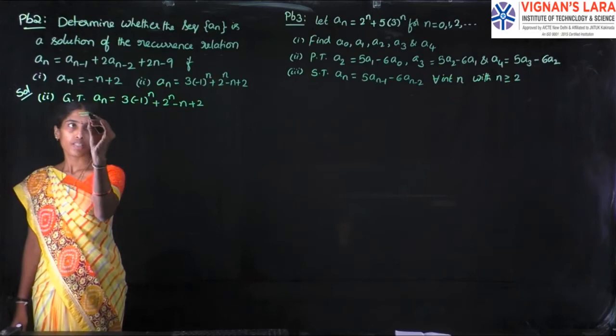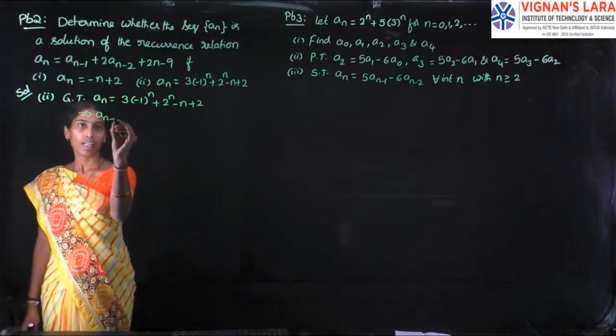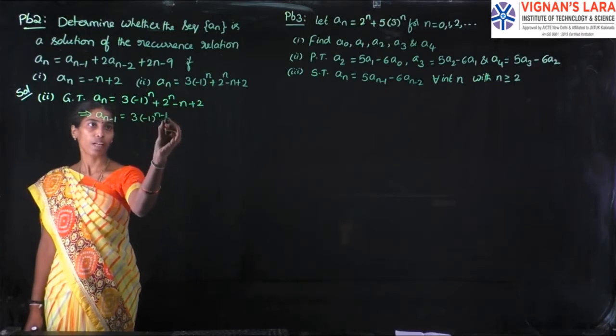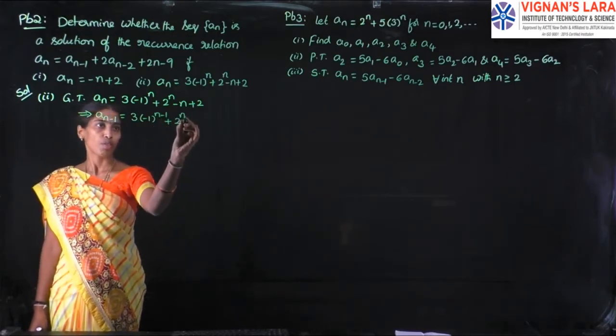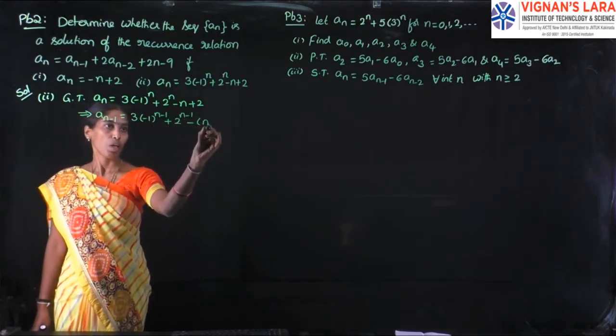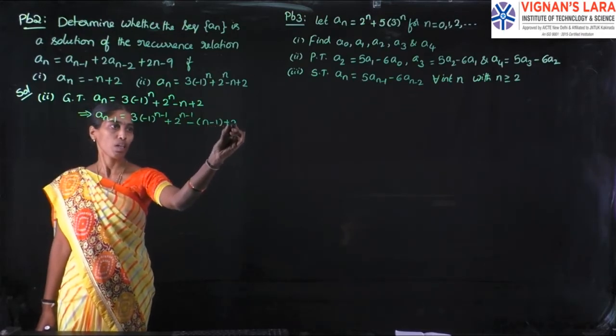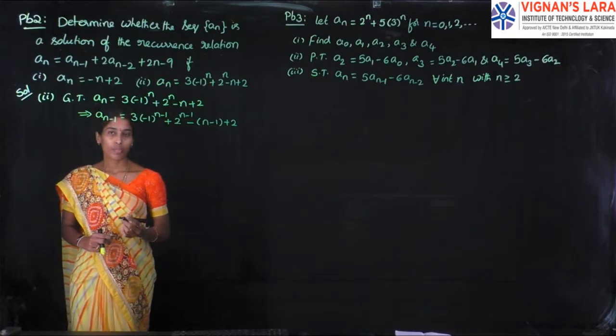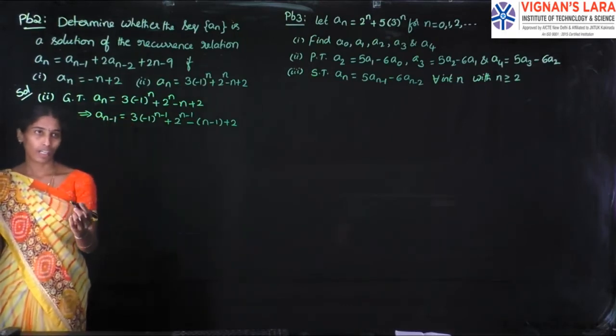So from this, an-1 = 3(-1)^(n-1) + 2^(n-1) - (n-1) + 2, by substituting n-1 in the place of n, right?